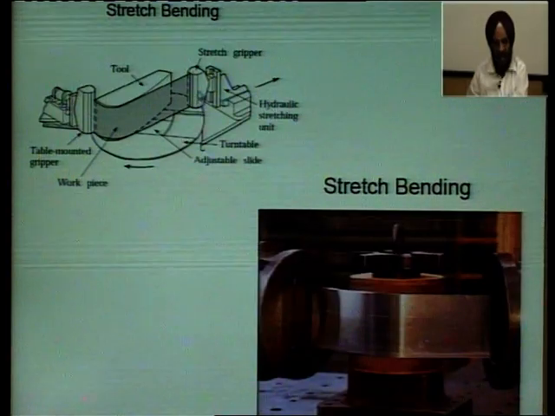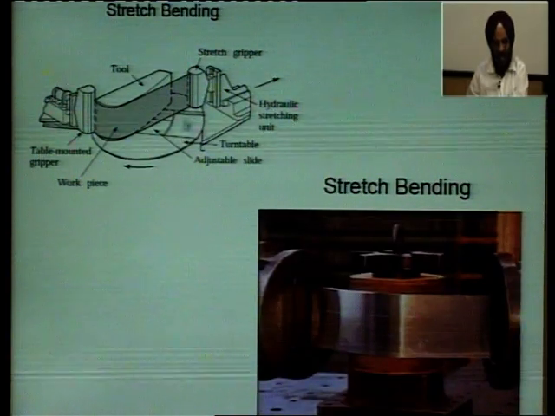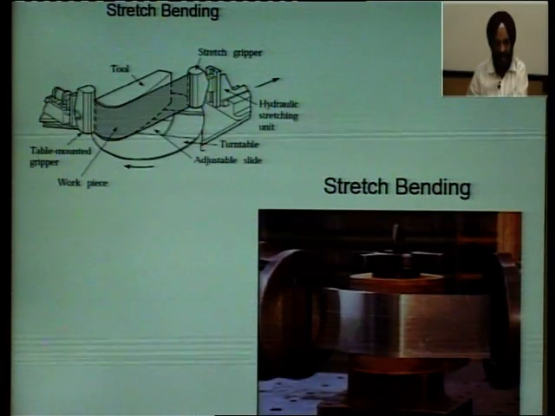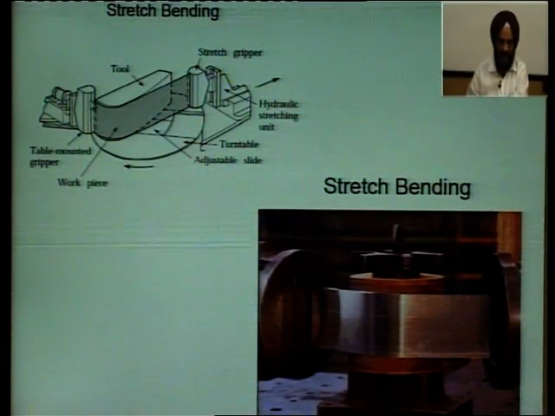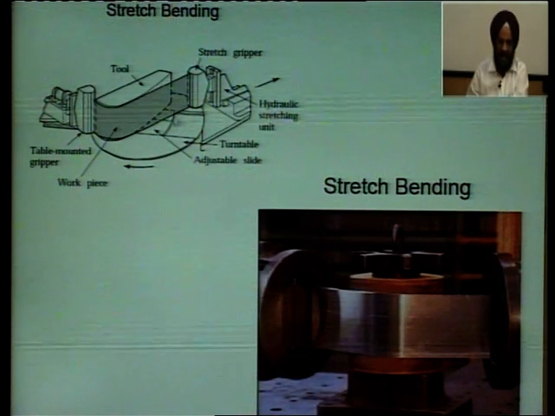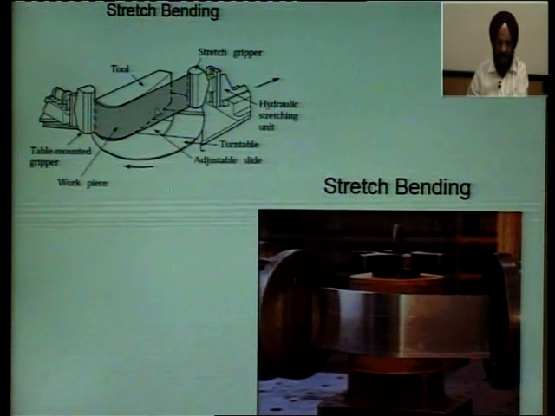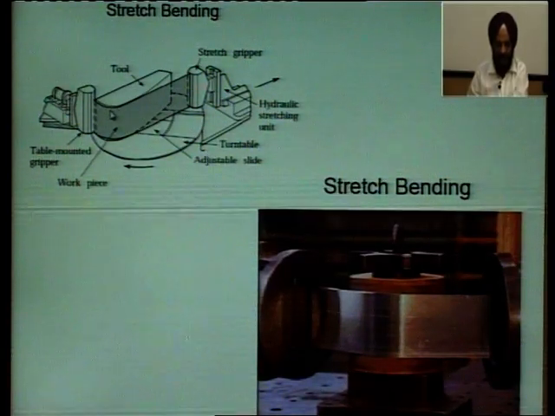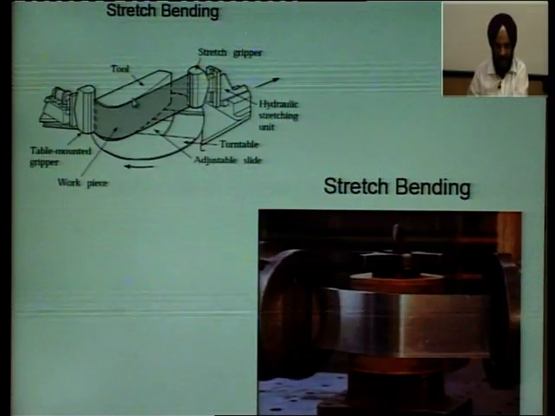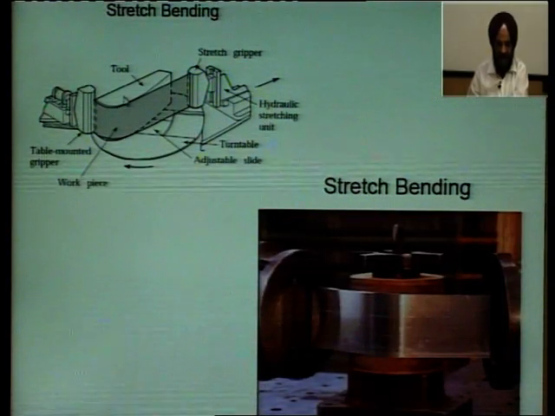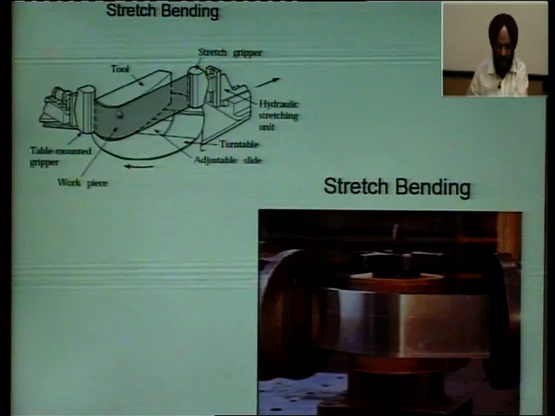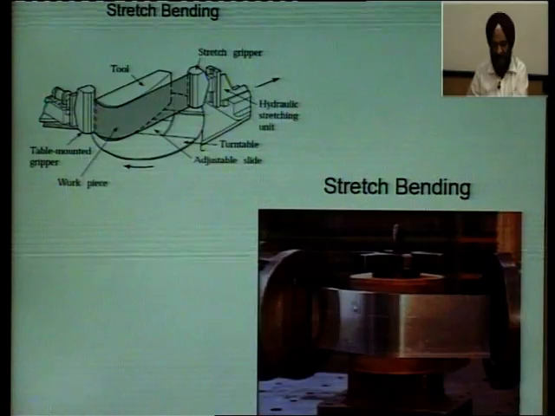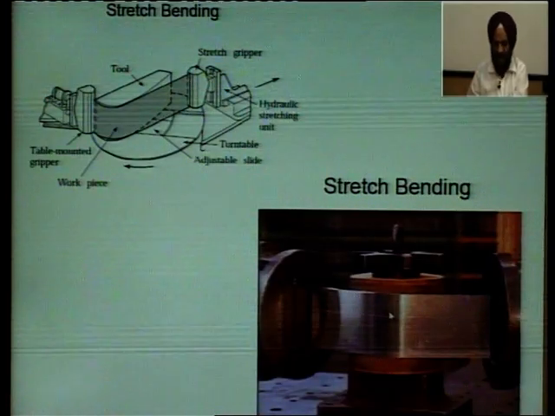The raw material is held from both the sides by grippers and you stretch it, you pull it like this. When you pull it, it will take the shape of the basic tool, or you can call this a die, this roller is the die. So, you pull it over it and it gets bent.